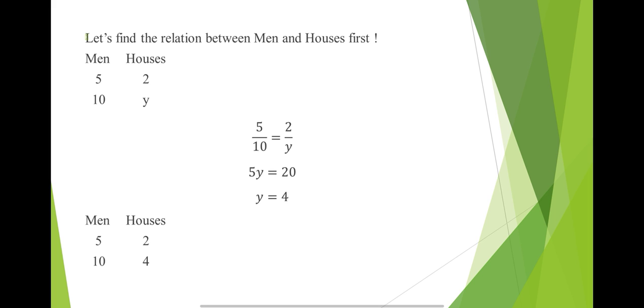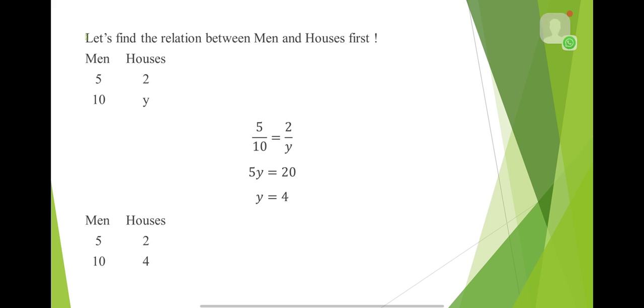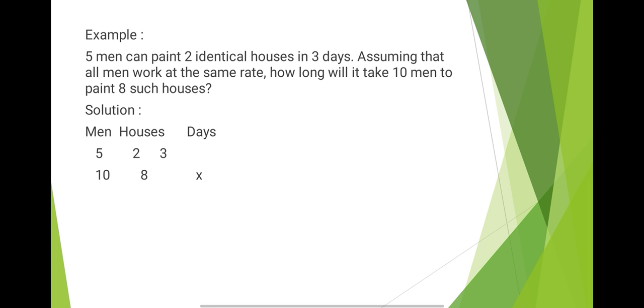So firstly, men and houses were 5 and 2, right? Initially, look at the question again: 5 men can paint 2 identical houses, right? So let's change the men to 10, because the question asks how long it will take 10 men to paint 8 such houses.